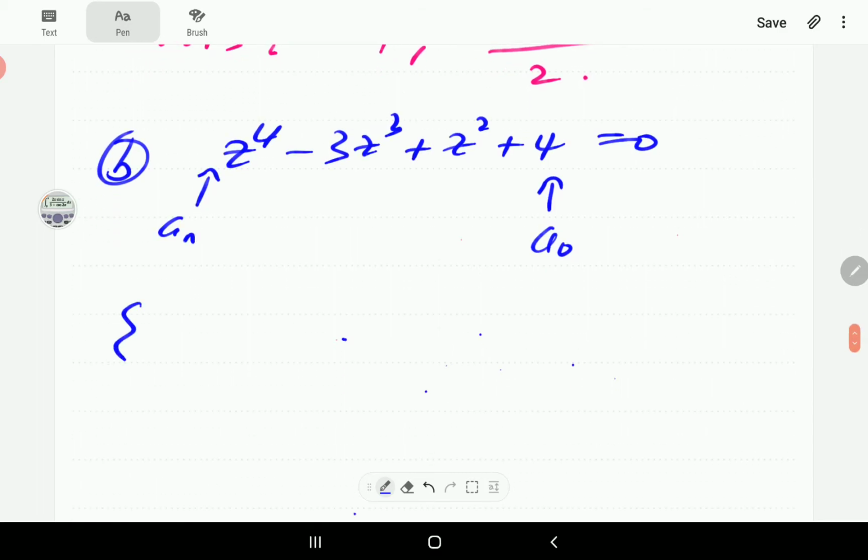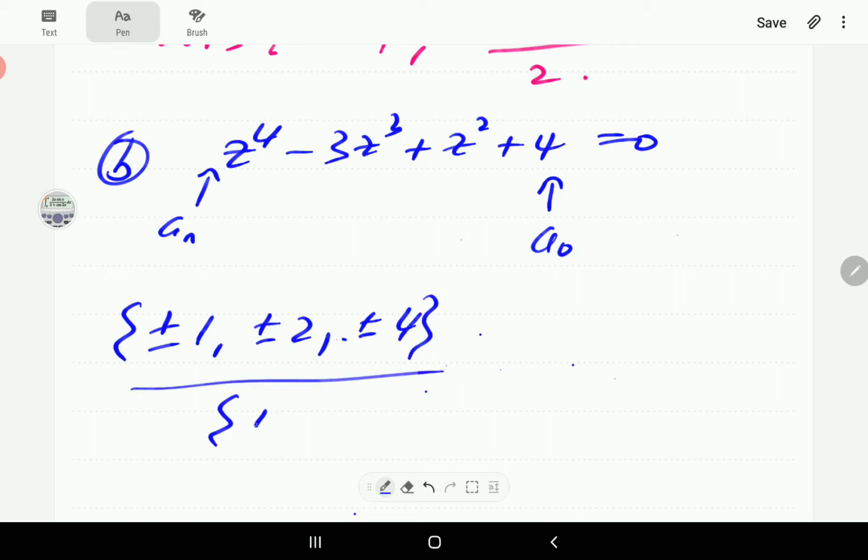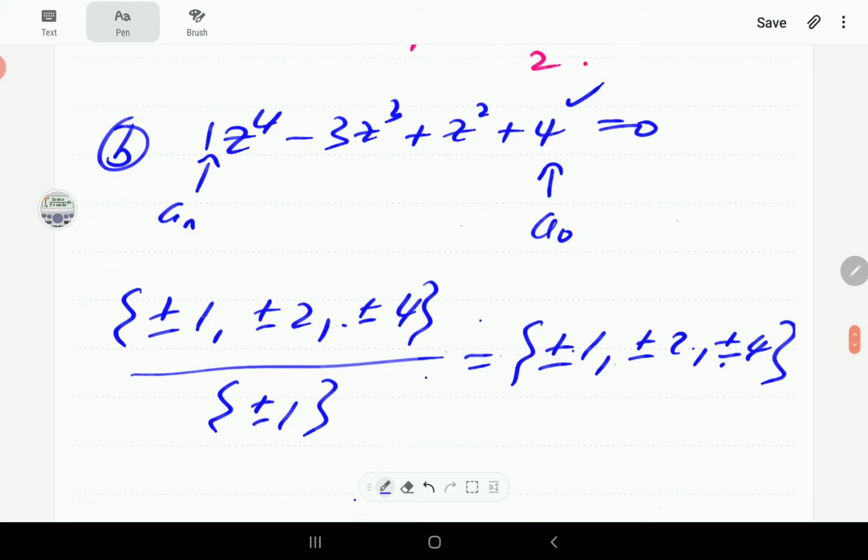So by the rational root theorem, the possible rational roots of this equation are, because the leading coefficient is 1, just the factors of the constant, which we are going to have to try out in the equation.